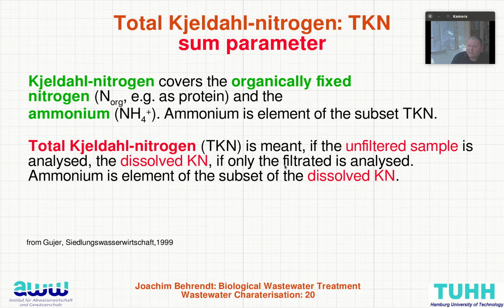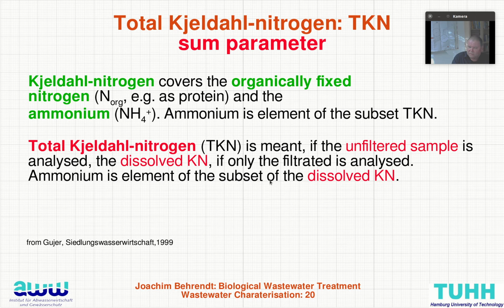The total Kjeldahl nitrogen is also a sum parameter. This covers the organically fixed nitrogen, such as proteins, and the ammonia. Ammonia, therefore, is a subset of the total Kjeldahl nitrogen. Total Kjeldahl nitrogen is meant if the unfiltered sample is analyzed. You can also detect the dissolved Kjeldahl nitrogen, which is done after filtration.